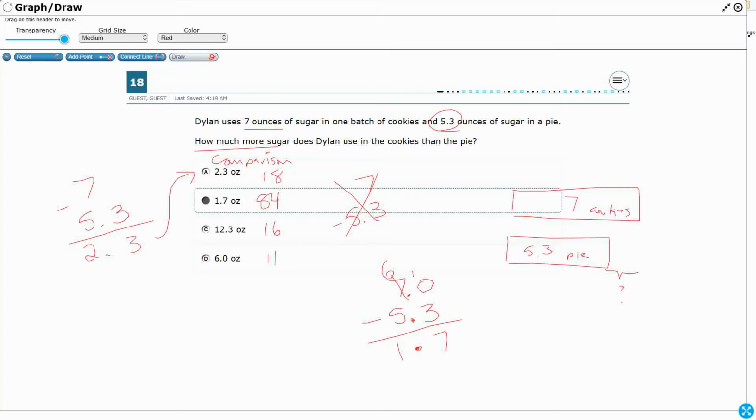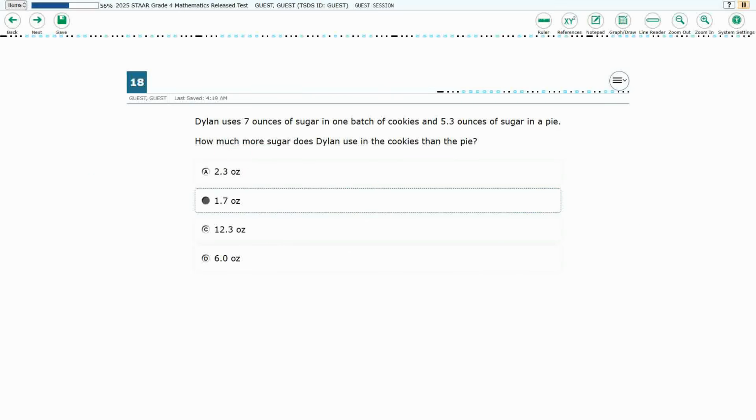That's where that's coming from. 12.3, you can probably tell it's 7 plus 5.3. So we just missed the how much more signal for comparison. But overall, this was the 14th easiest, so kind of in the middle of the road, but slightly on the easier side of the test.